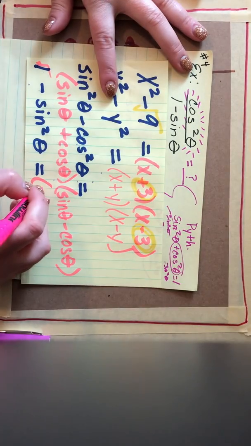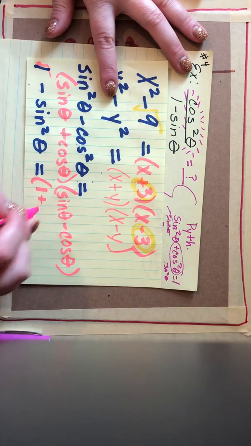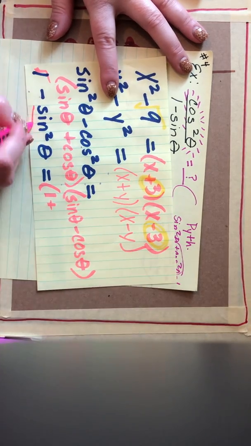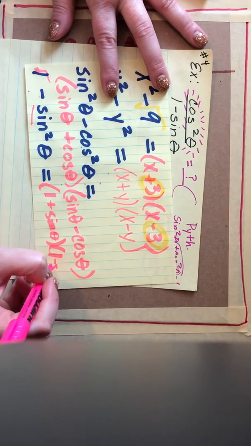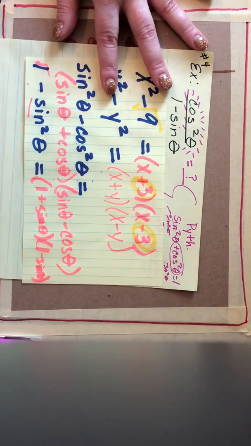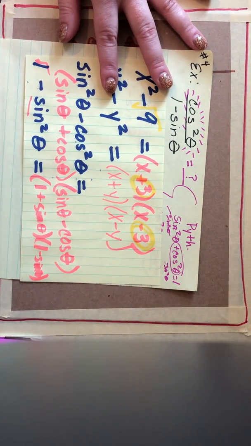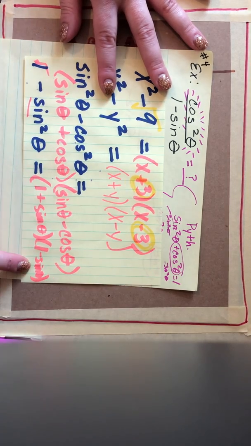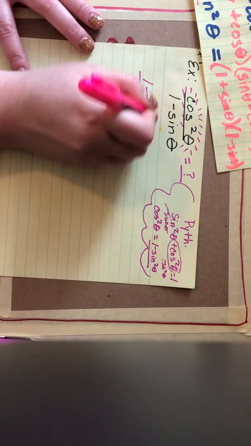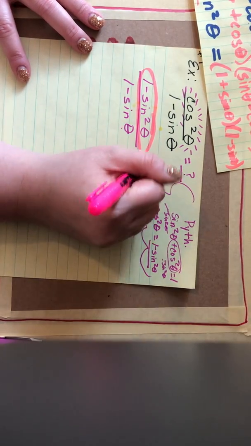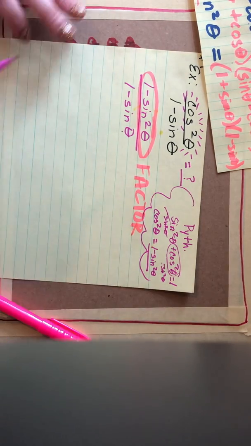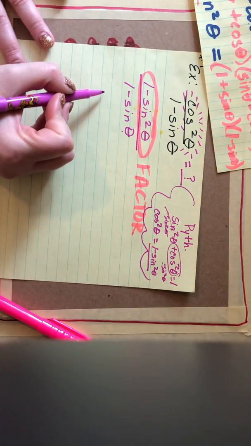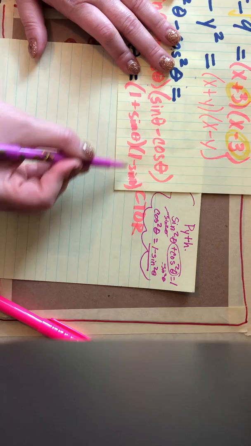So I'm going to say 1 plus tangent? No, sine. Sine theta times 1 minus sine theta. Hot dog, we just factored it using a difference of squares. Let's use what I just wrote down here. So we're going to take this and factor using algebra. And if we factor that, we get 1 plus sine, 1 minus sine.